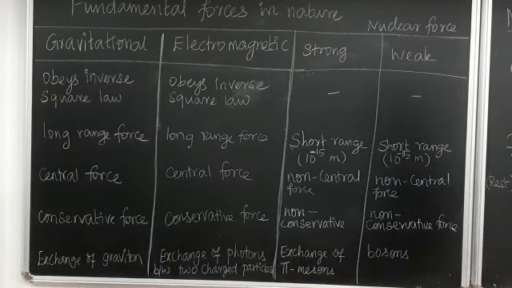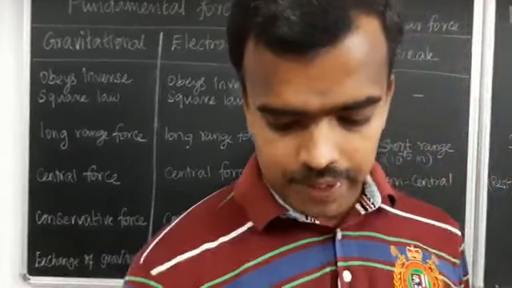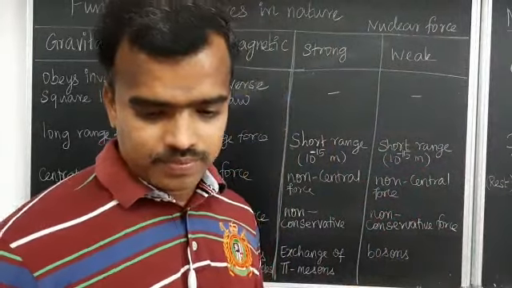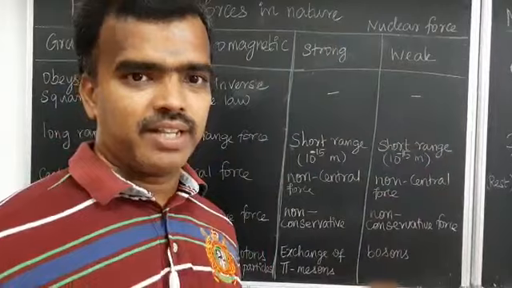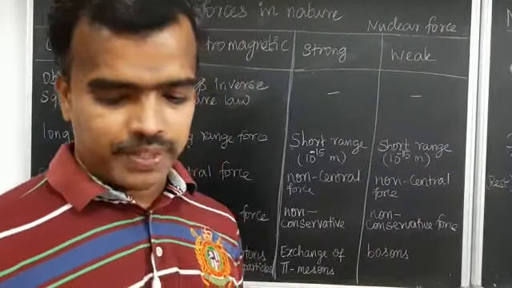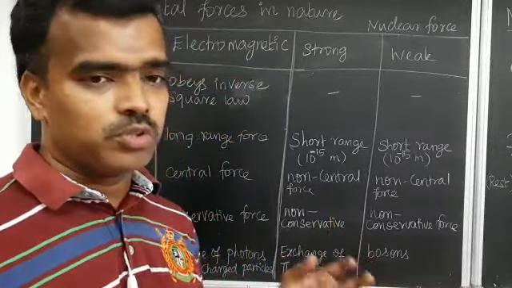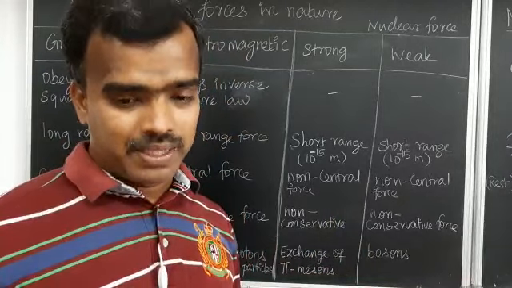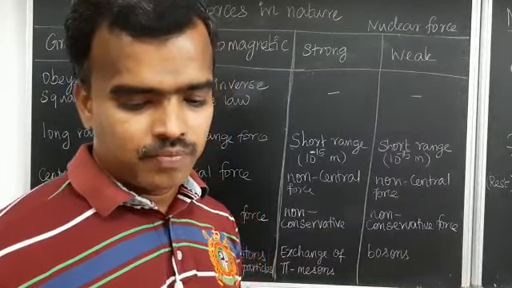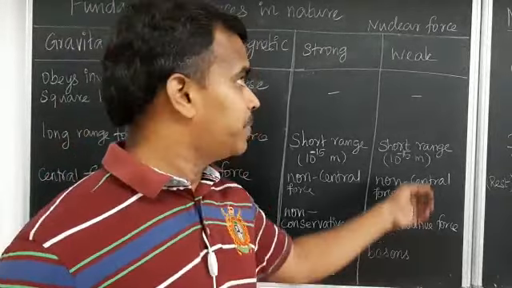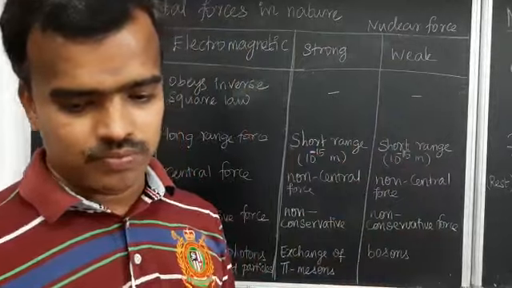And the weak force involves bosons, which are also a kind of elementary particles. Here you have to note down: the messenger particles that transmit the weak force between the bosons, that becomes the weak nuclear force.